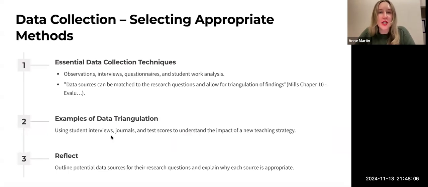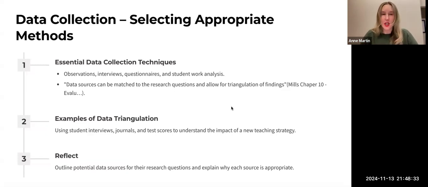So data collection, choosing appropriate methods. The data collection techniques might be quantitative or qualitative. Here are examples of both, and making sure that they're aligned with the research questions. We did a lot of work with our triangulation matrix about that. And again, there are some examples here. And then mapping those to your research question, and even to your findings.